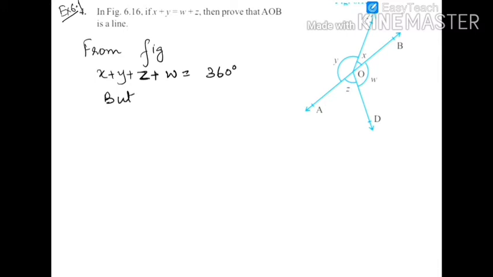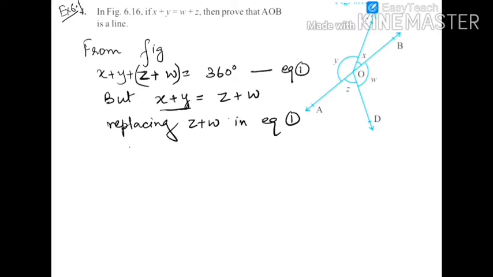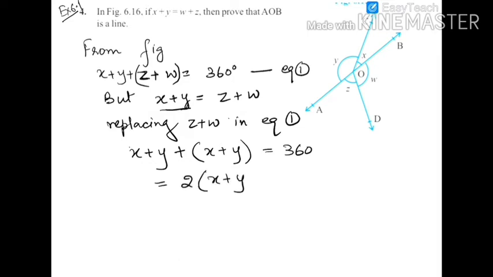But it is given in the question that X plus Y is equal to Z plus W. So what we will do is replace Z plus W with X plus Y in equation 1. So we get X plus Y plus X plus Y equal to 360, which is 2 times (X plus Y) equal to 360.